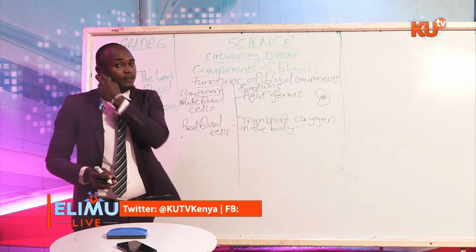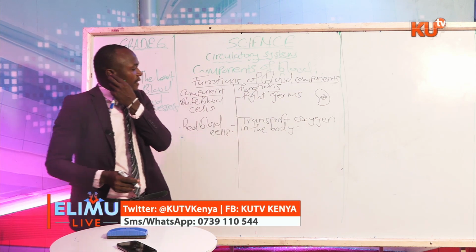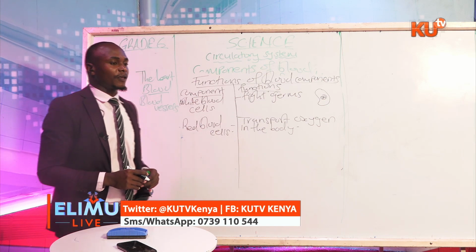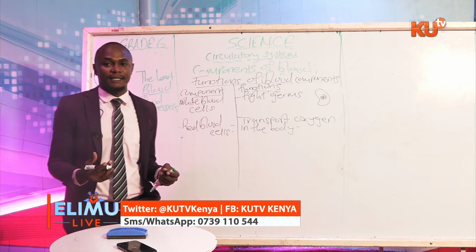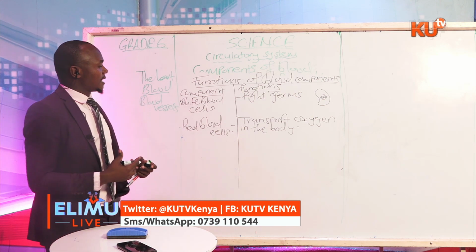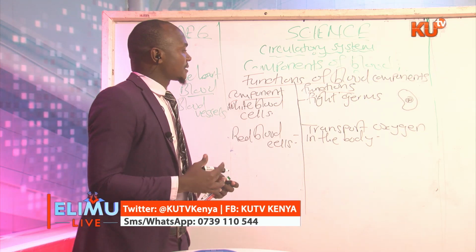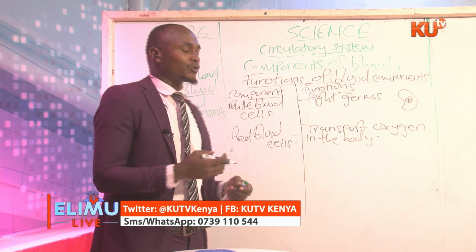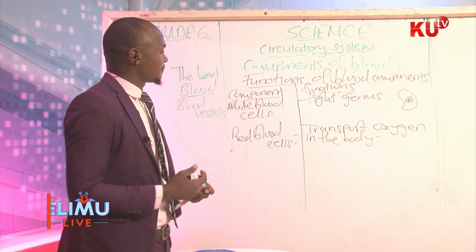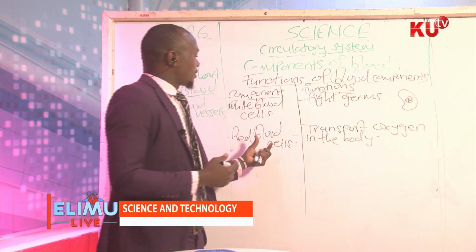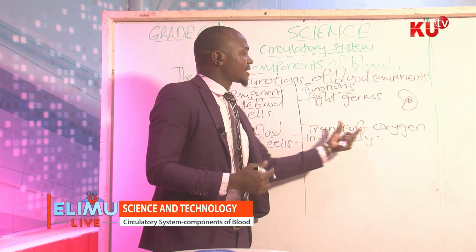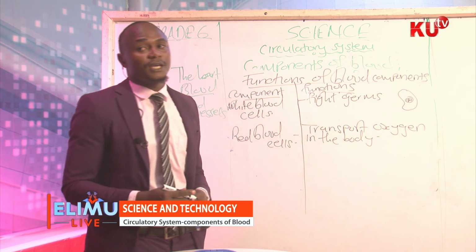This oxygen, we get it from the lungs. That is, after we breathe in, the exchange of the gases takes place in the lungs. We take in the oxygen and we take out the carbon dioxide. So the red blood cells, their responsibility, they are the ones that transport oxygen in the body.